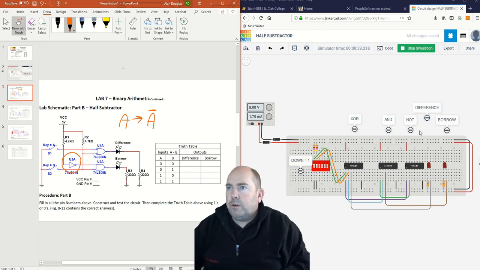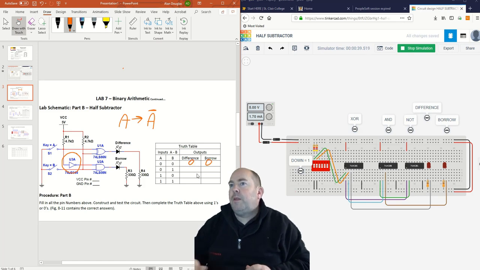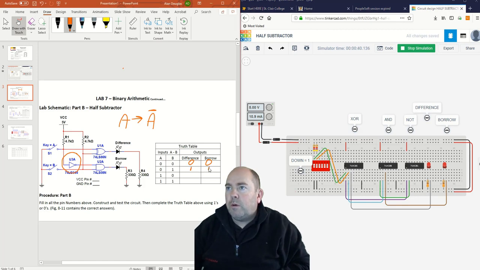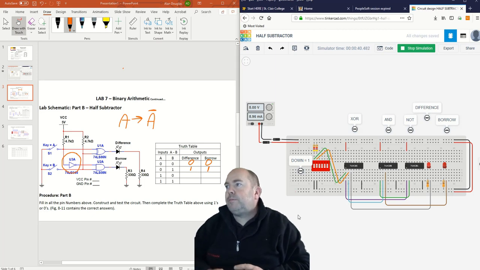So 0 and 0 gives us no lights. Let's turn B to a 1. That gives us both lights. So that is the difference and borrow. Let's flip these around. Wait for them to settle.